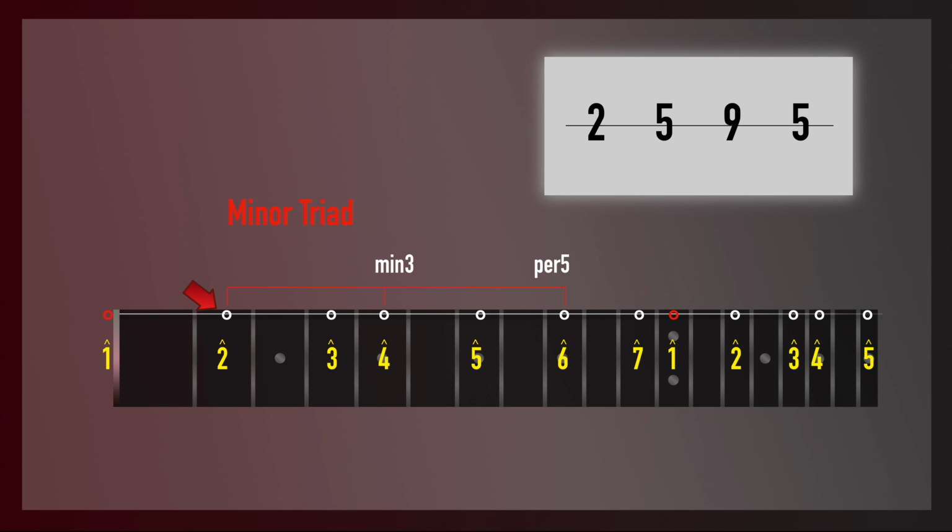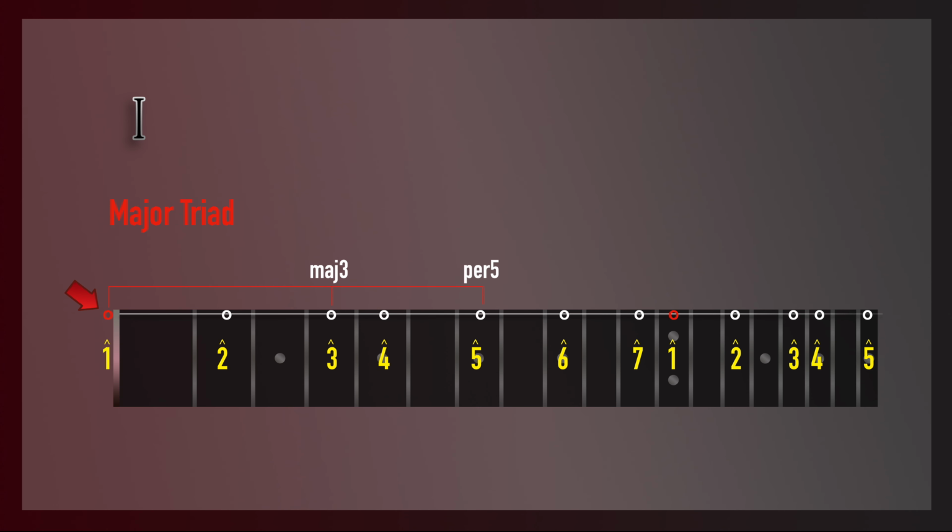Now in abstract form, we can just say that the chord built on scale degree 1 is a 1 chord. And to show it's a chord or harmony and not just a note, we use a Roman numeral. And it's uppercase because it's major. For the 2 chord, we use lowercase to show that it's minor.